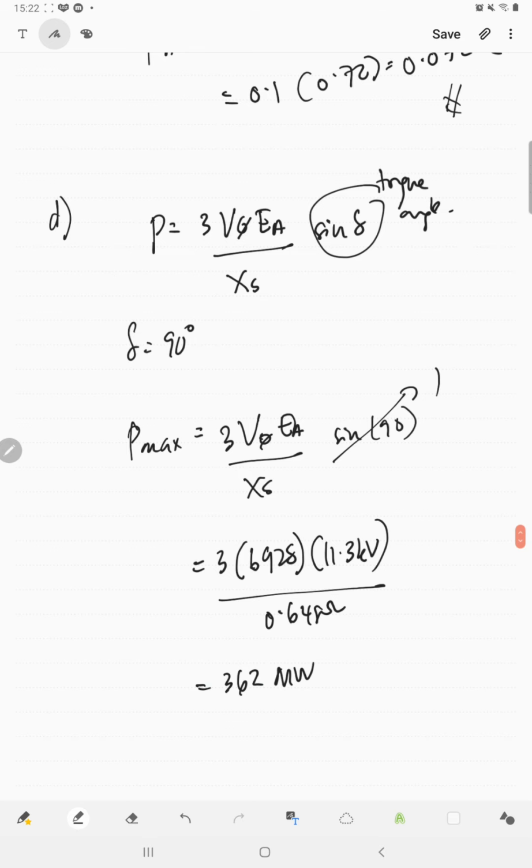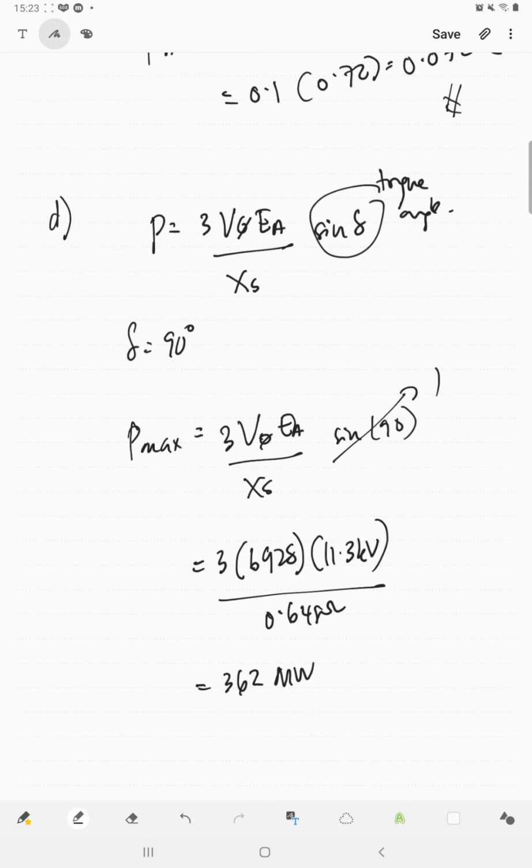When the field current is held constant, we are maintaining the amount of flux inside the machine. The maximum power coming from this generator comes from the phasor diagram. The power out of this generator is simply V phase times EA, times 3 because there are three phases, divided by the synchronous reactance.